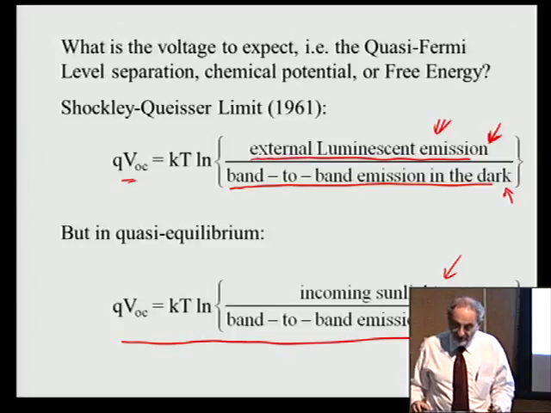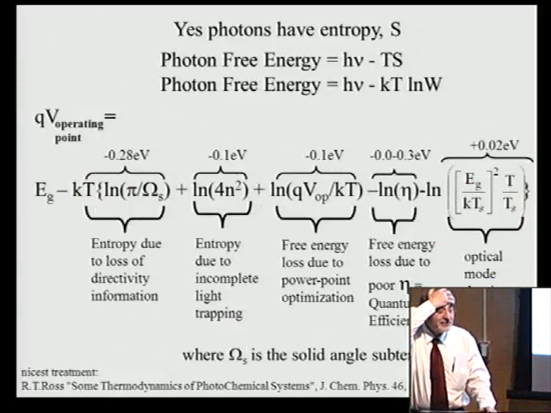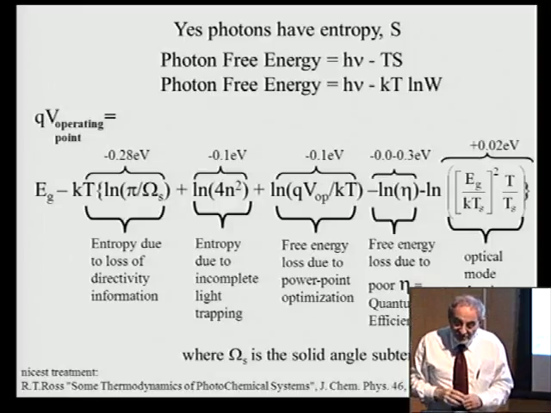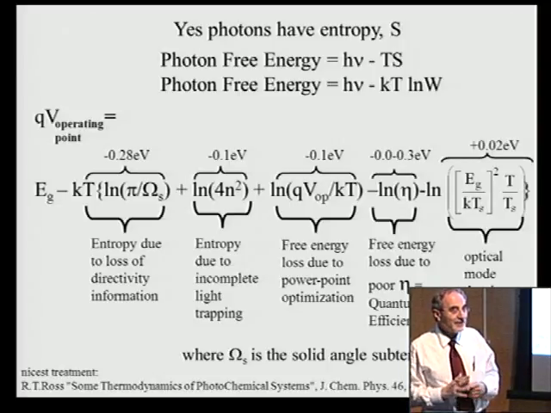Any of those will give you the correct voltage. Okay. However, there's an even easier way to get the voltage. And the easier way of getting the voltage is to recognize that photons have entropy. Whoops. Photons having entropy. How can that be?